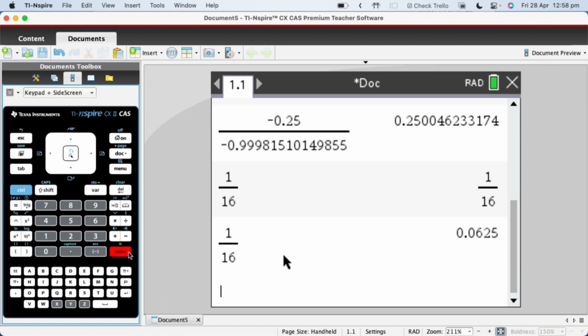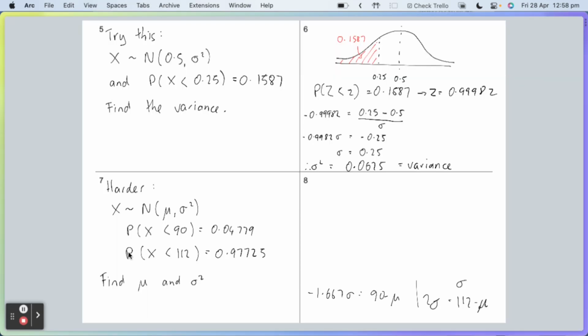Okay, so the variance is the standard deviation squared. So be very careful to answer what it asks for. If it says find the variance, then you just find sigma and then square it to get the variance. If it says find sigma, then just find sigma and your job is done.